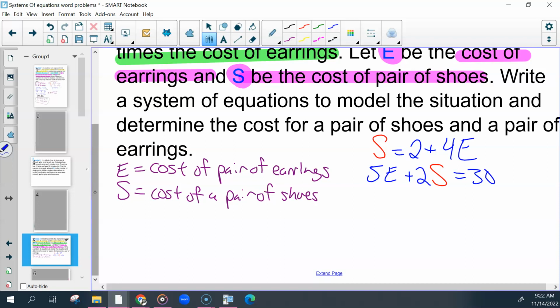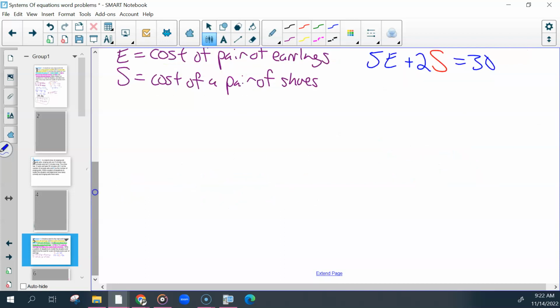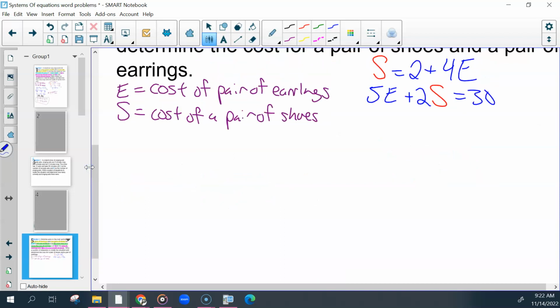Which of the 3: graphing, substitution, or elimination methods? So we're going to substitute this equation in for S, and then continue to solve.